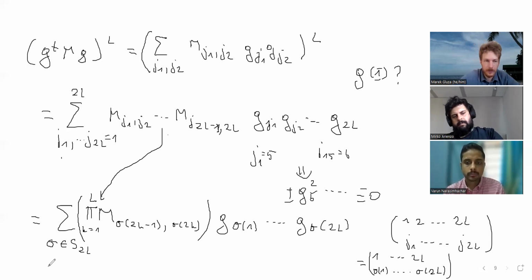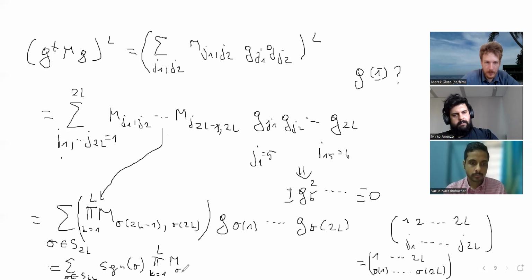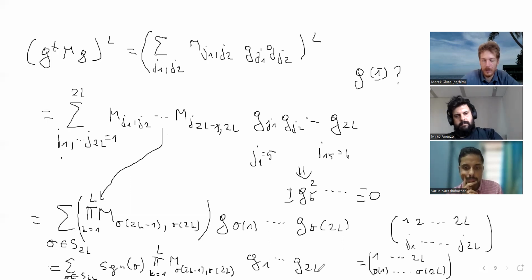And the parity of those transpositions is kept by the signum function of this permutation sigma. Then I have the product from k equals 1 until L of M_{sigma(2k-1),sigma(2k)}. And here, finally, I will find G1 until G_{2L}, and this I can pull out because this doesn't depend anymore on sigma.